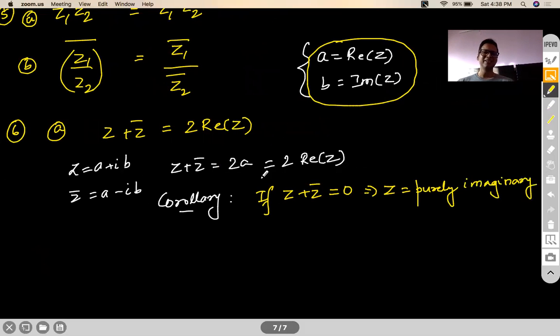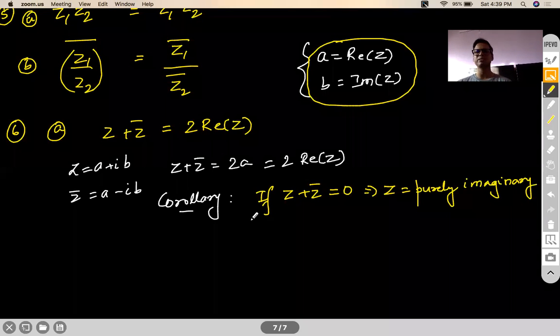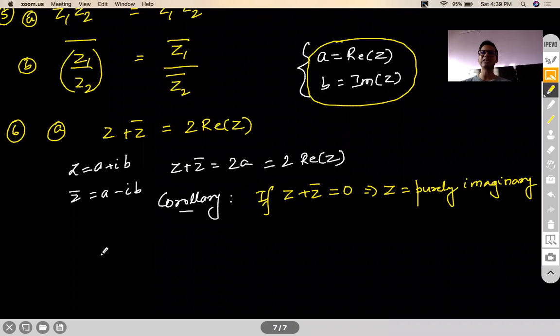Why? Very simple. Because if your conjugate added to the complex number gives you 0, it means 2A is 0, it means A is 0. If A is 0, there is no real part, and if there is no real part, that means the complex number is purely imaginary. Correct? This is going to be useful later on, so please make a note of that.